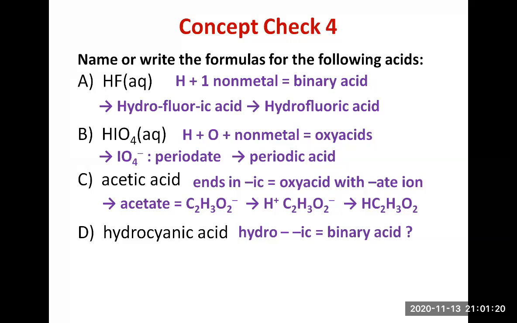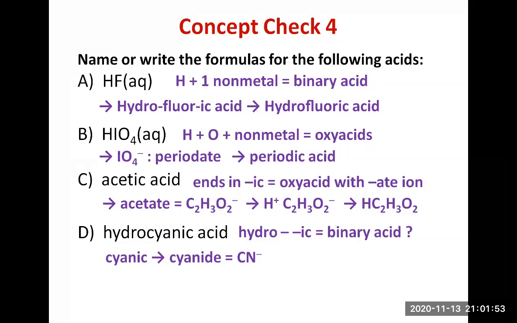So you need to find in the list of polyatomic ions what this can be. Cyanic comes from cyanide, which is CN -1. It's a special polyatomic ion that's not made with oxygen. That's why it's considered a binary acid, because there is no oxygen in there. But it's a polyatomic ion, made of two elements.